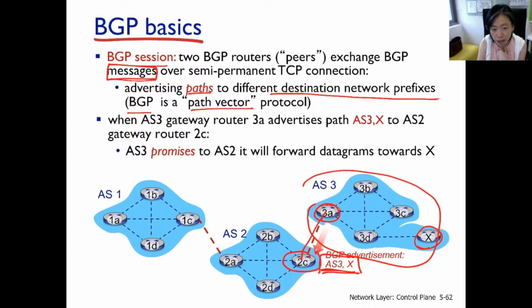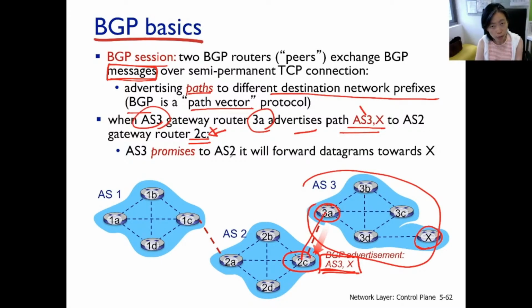So 2C here will receive the AS path, AS3, X. AS3's gateway router 3A will advertise the path to AS2's gateway router 2C.